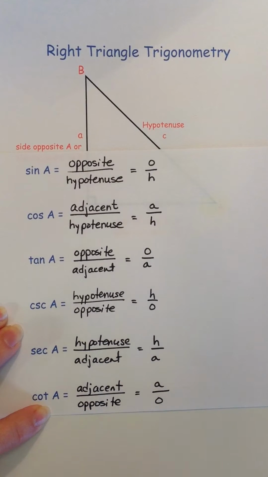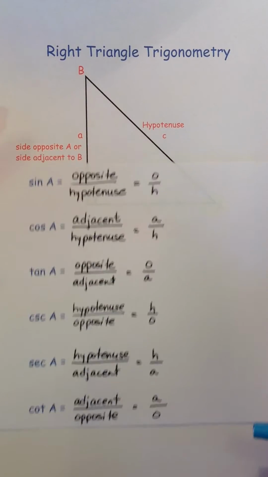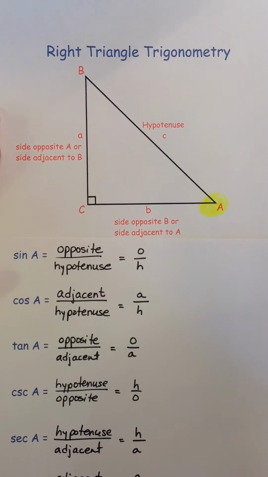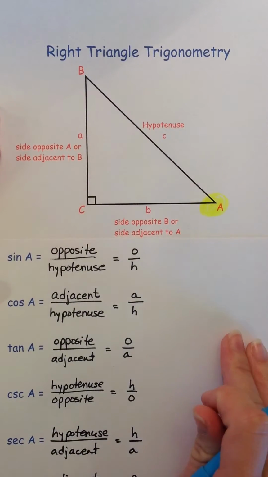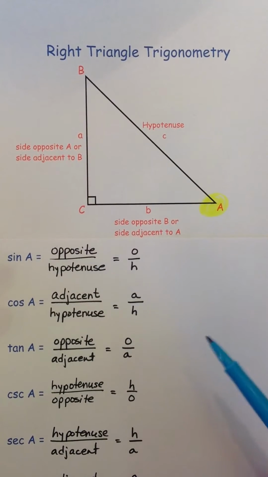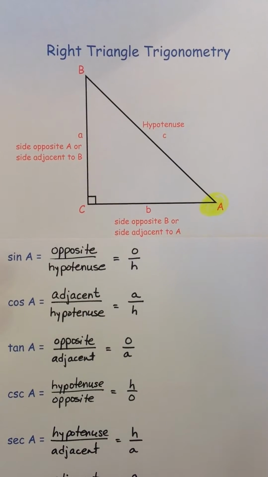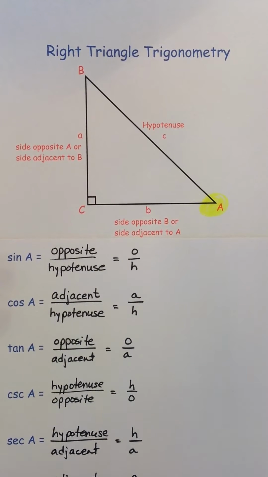Now, there is a common little saying that a lot of people use to help them remember this. It actually only applies to sine, cosine, and tangent. But as I told you a while ago, if you can remember those three, then you can easily remember the other three because of your reciprocal identities. The saying is, Oscar had a heap of apples.